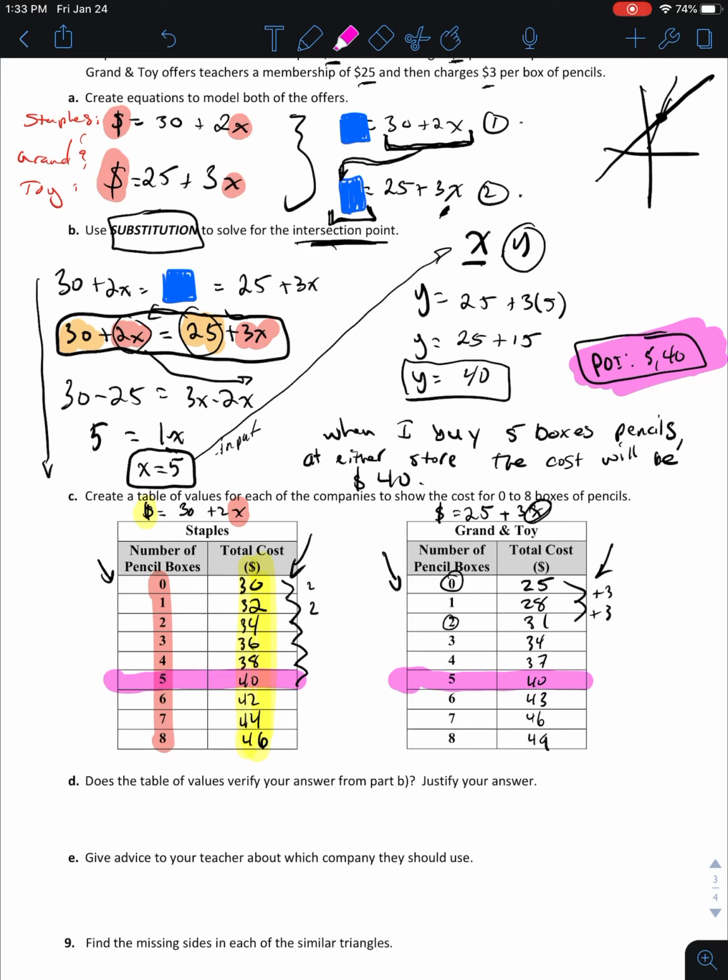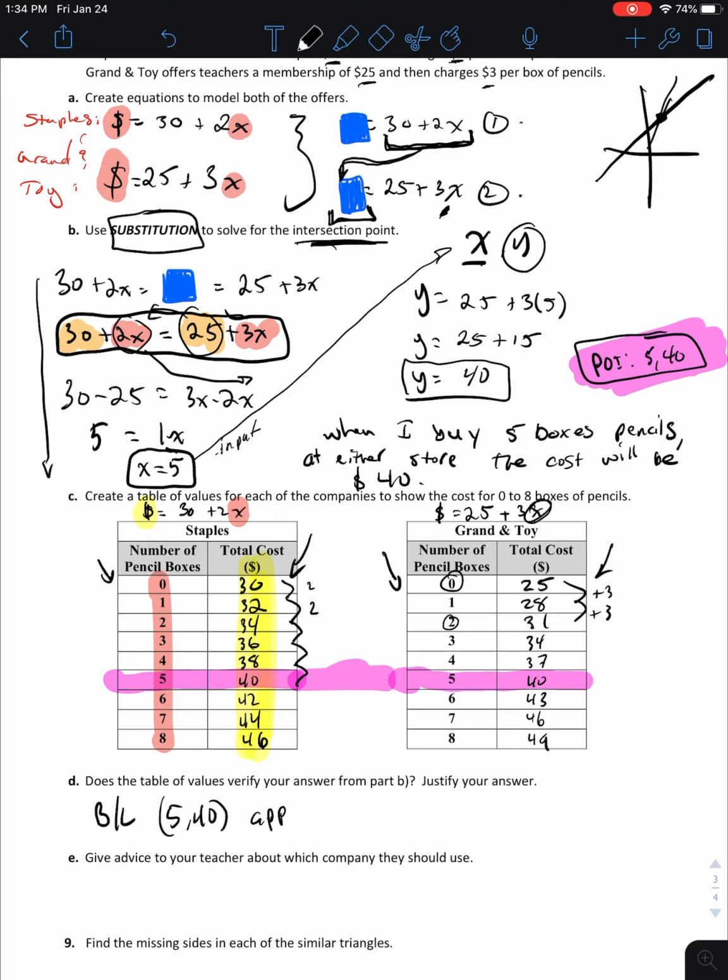Now, once I've identified that it is actually there, it better be on the other side as well. And that's how I know it's the point of intersection, because it appears in both tables. And that's how I know I've confirmed the top, right?